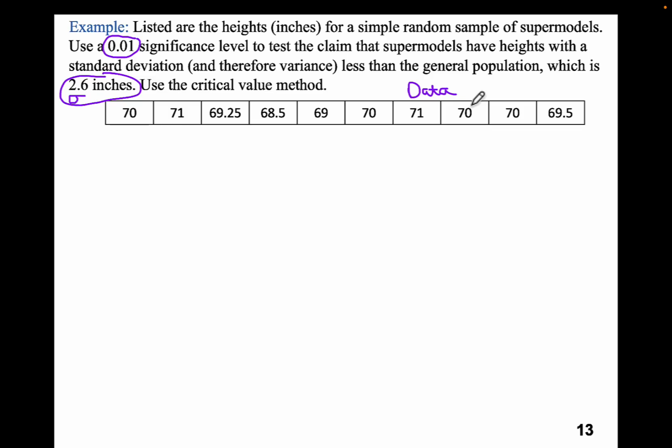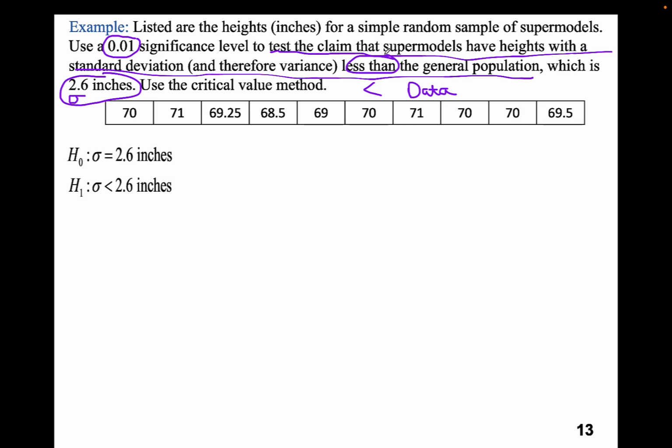Let's just find the wording of the claim. Test the claim that supermodels have heights with a standard deviation less than the general population. So we're going to use the less than sign based on this right here. And this claim is about standard deviations, which relates to variance.